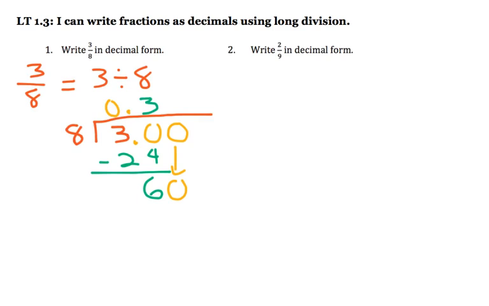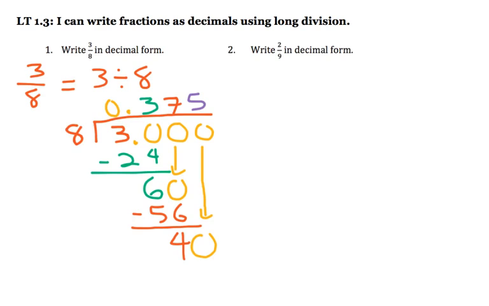Next, I know that 8 times 7 would be 56. And if I were to subtract that, I'd have a remainder of 4. So I can't really tell what it's doing yet, if it's going to go on forever or not, so I'm going to keep going. But right here, I notice something, because 8 times 5 is exactly 40.